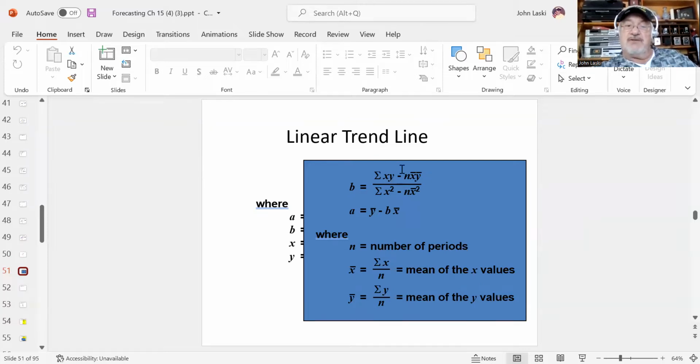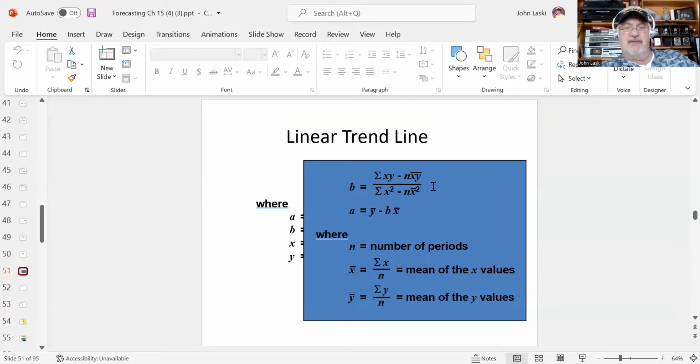So beta is the sum of the xy's minus n x bar y bar. That's the numerator. The denominator is the sum of the x squareds minus n x bar squared. Okay, well, that makes sense. We already know how to come up with this x bar and y bar. Now think back. In statistics, you learned that x bar was basically expected x. Y bar was basically expected y.